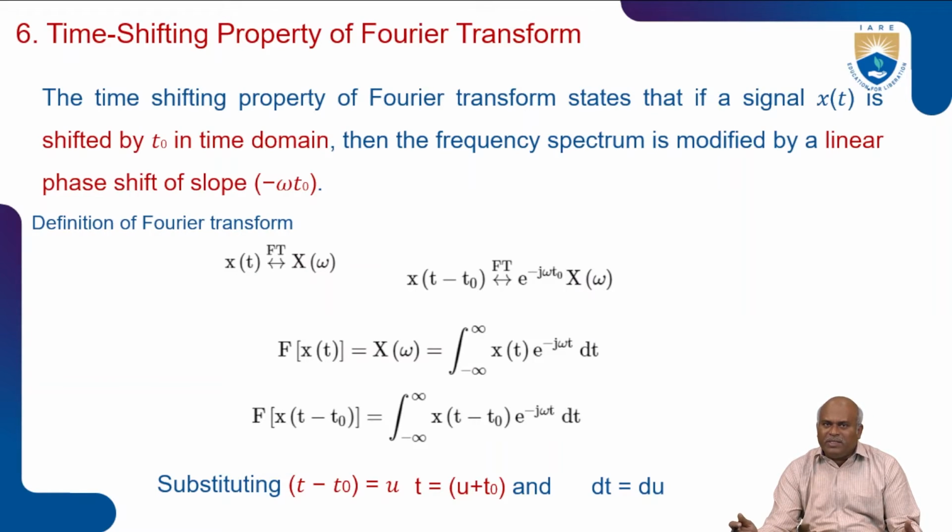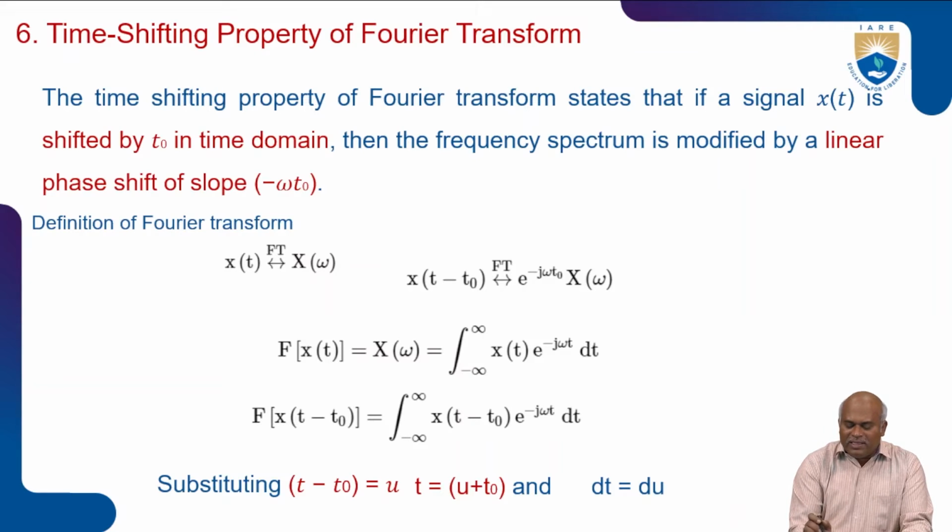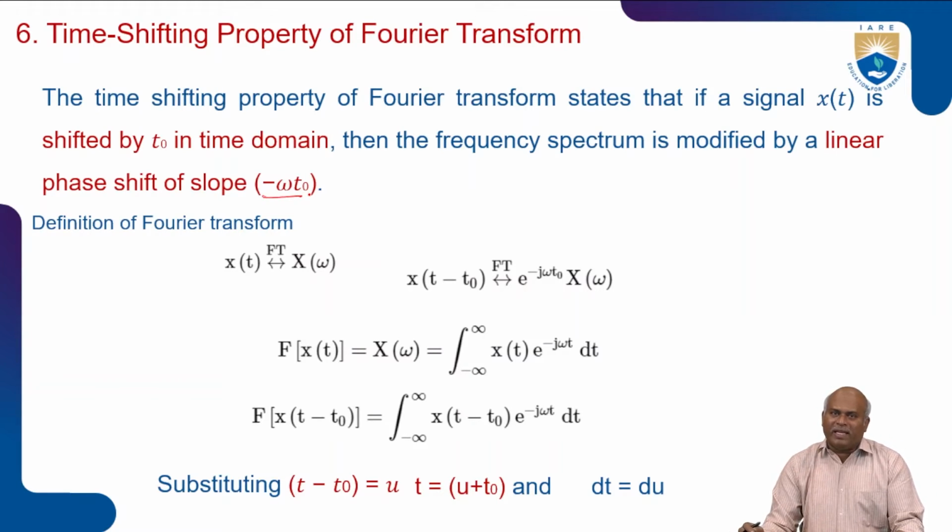However much time shifting happens, that much linear phase shift of slope happens in the Fourier transform. So in that case we take minus of omega t0.